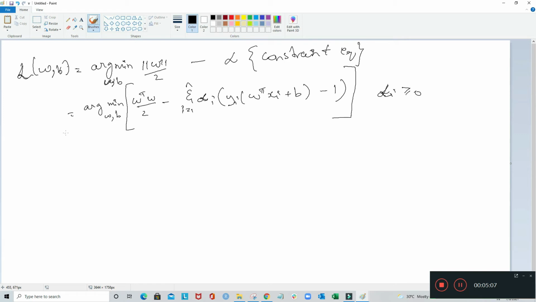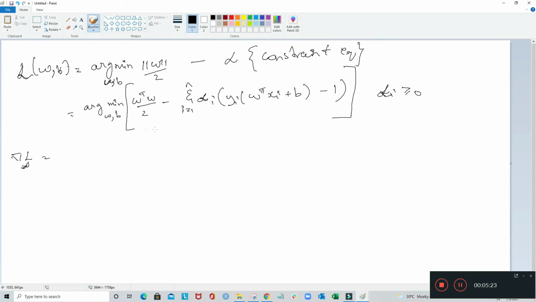Now, getting the gradients of my Lagrangian with respect to w and b. We know the gradient is taking the derivative of L with respect to w.